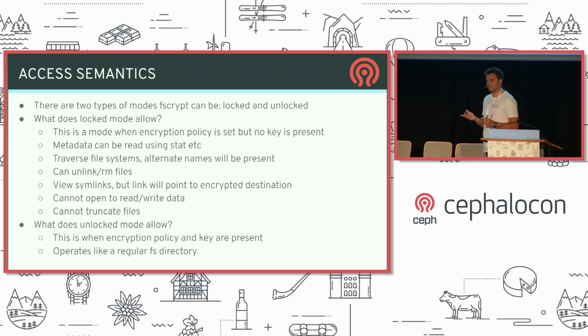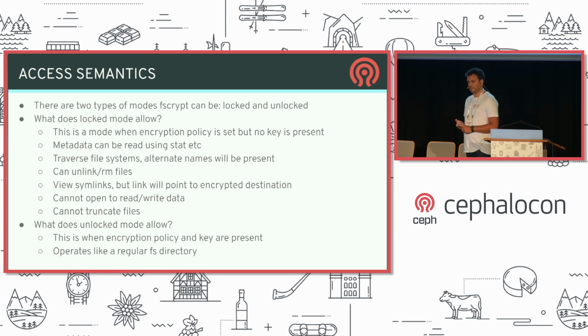So metadata can be read using various supported calls that you would normally use. You can traverse the tree. You'll see a lot of alternate names everywhere, but you can get an idea of the directory structure. You're also able to do regular unlinks or removes in the locked state.